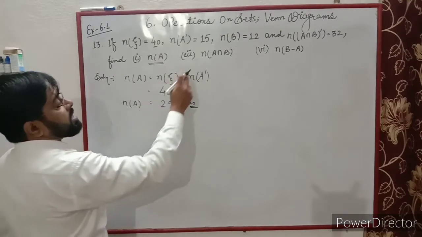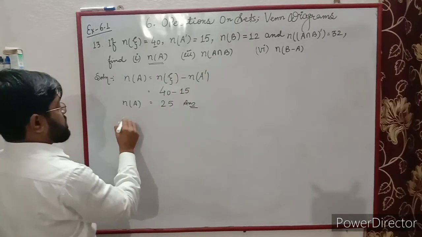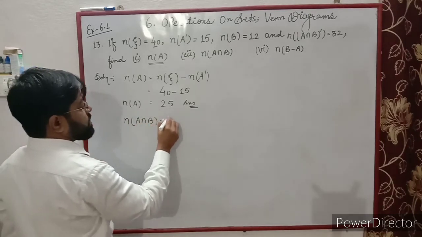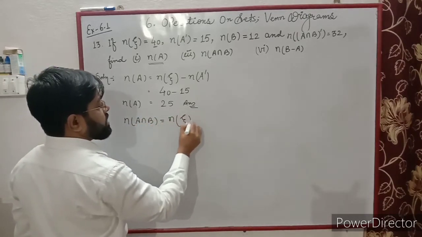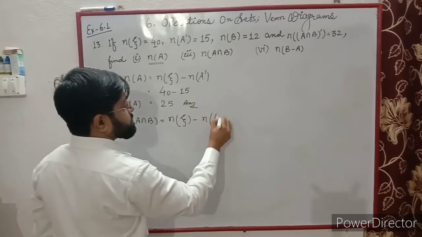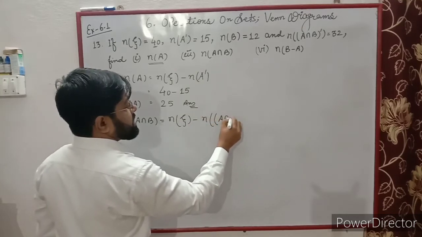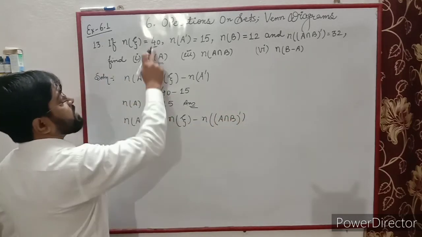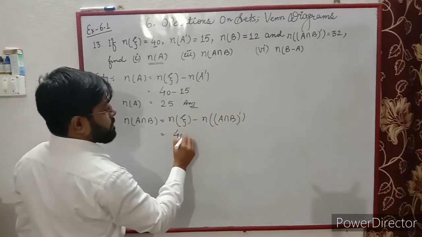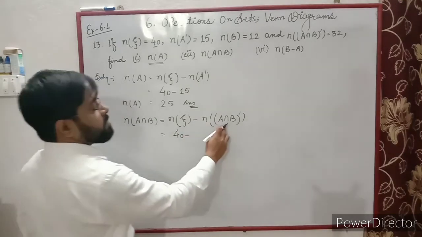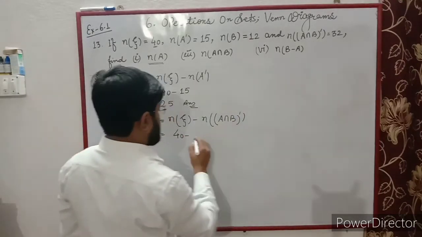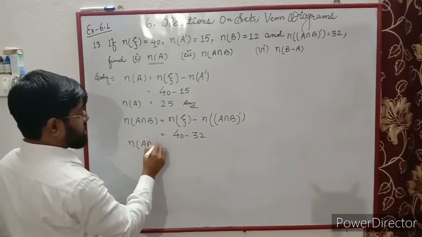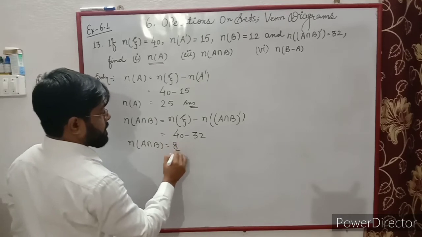Now we have to find n(A intersection B). So n(A intersection B) is equal to n(U) minus n((A intersection B) complement). So n(U) is given 40 minus n((A intersection B) complement) is given 32. So we have n(A intersection B) is equal to 8.